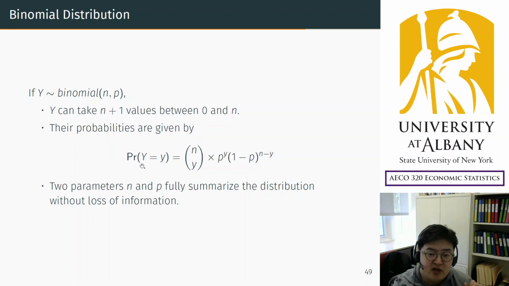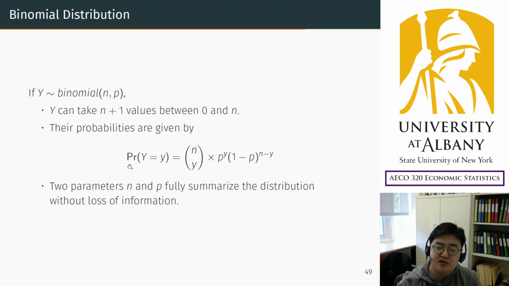And the probability for each outcome y, where lowercase y is a specific number of successes, you can calculate this way. So think about this. This probability formula depends only on the parameters n and p and lowercase y. But lowercase y is what you choose.